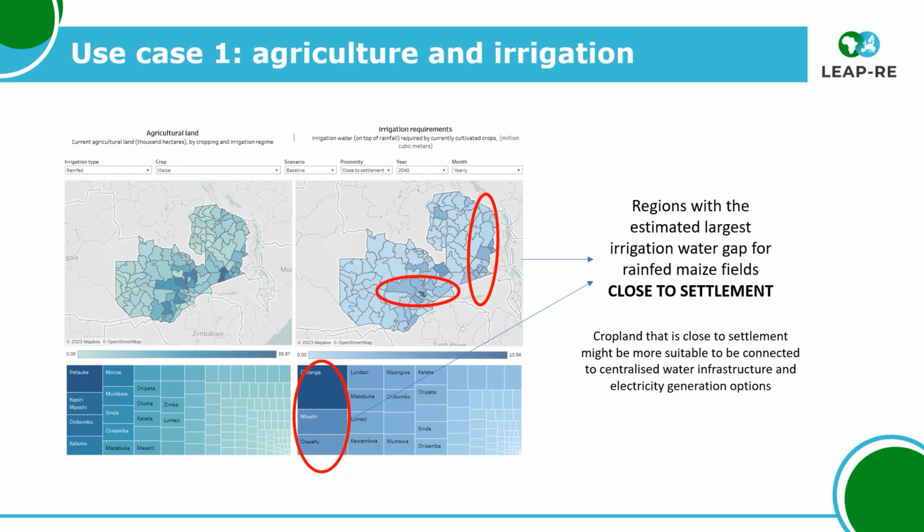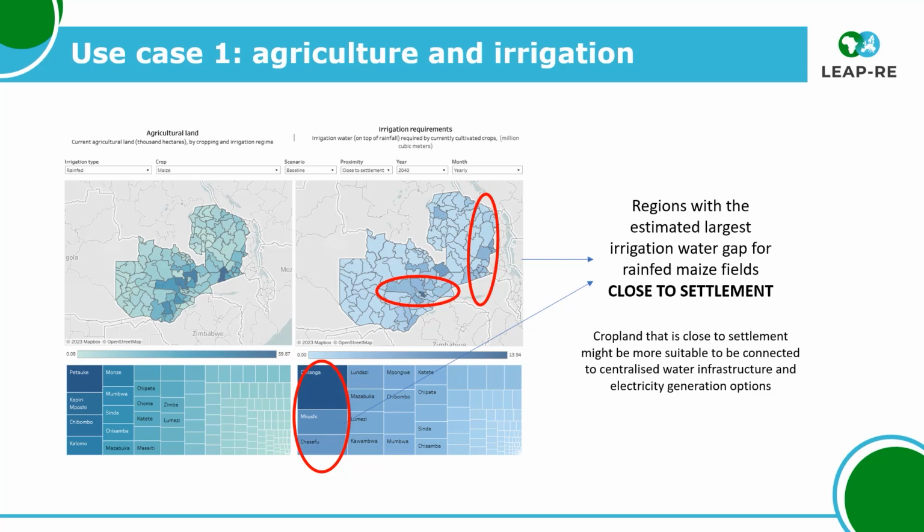the yield gap that is pursued in the baseline scenario for year 2030 for cropland that is close to the settlement. You can see a number of regions in the central part and in the eastern part of Zambia that seem to be the largest requiring in terms of water for maize irrigation.